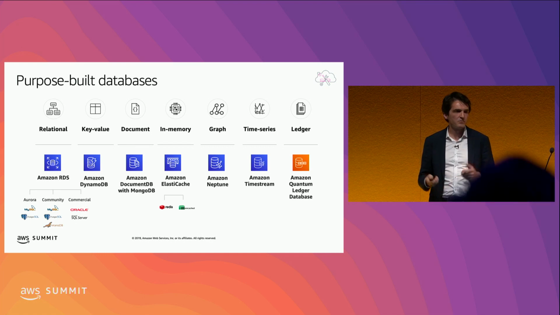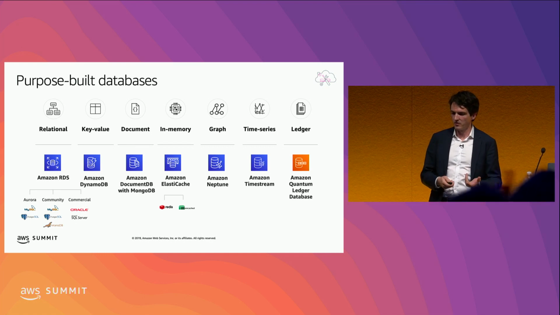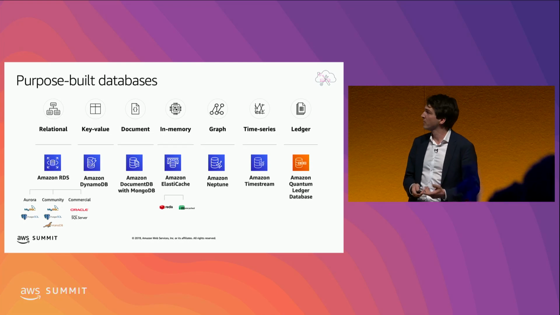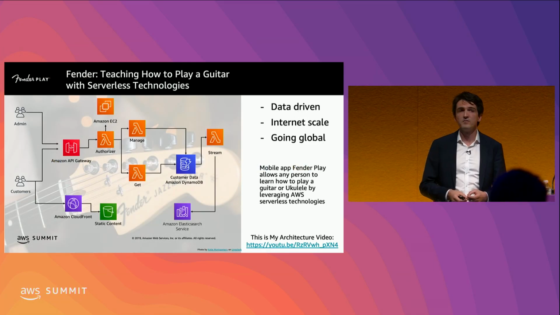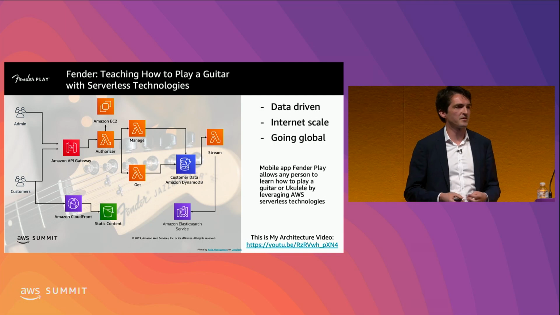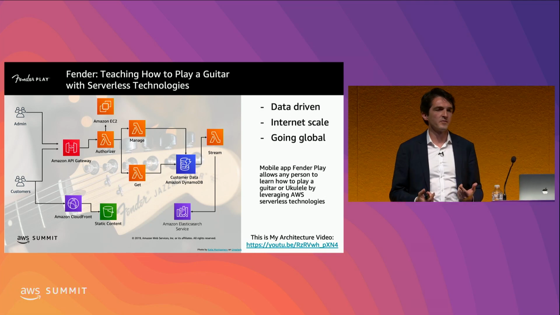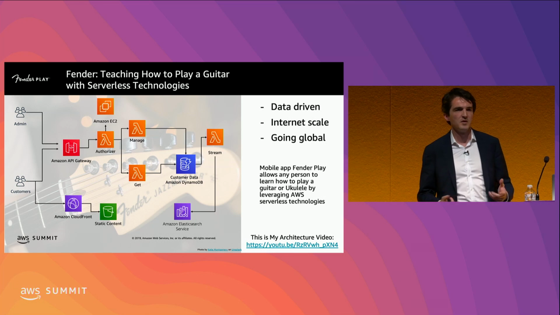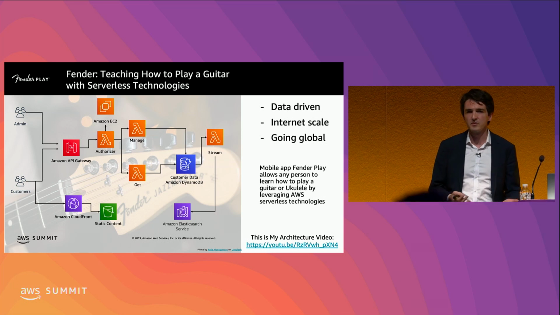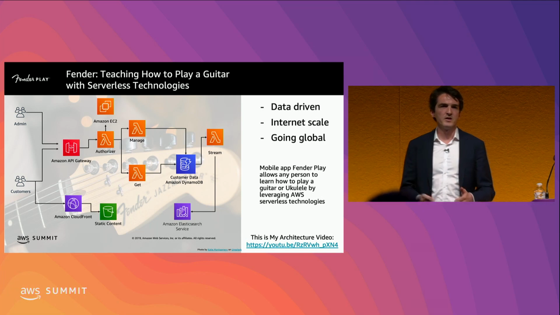I will just take one example of one of our customers called Fender, the famous guitar builder, who looked at ways of building a learning experience, a learning app called Fender Play, fully on AWS.